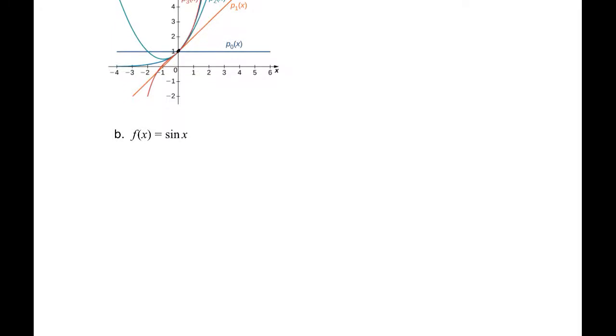All right, sine of x. Well, f of x is sine x. So f of 0, because we're doing Maclaurin polynomials, is 0. F prime of x is cosine x. F prime of 0 is 1. F double prime of x is negative sine x.